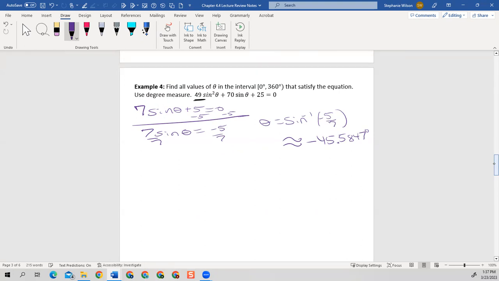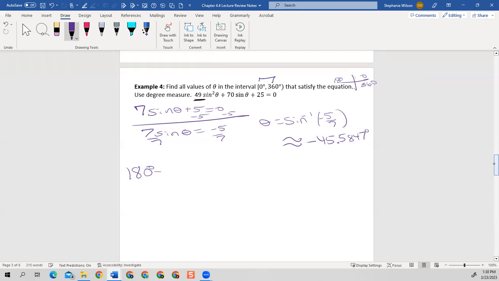But anyways, now we want to stay within 0 to 360 degrees. So what I want to do is take that 180 degrees. If you wanted to draw this out, you have 0, 180, 360. We already know we have a negative 45.5847. That means the circle is going clockwise, right?